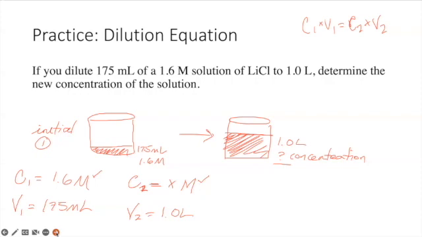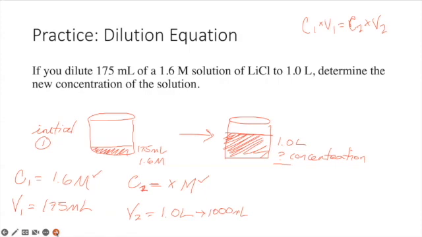I want my volumes to be in the same unit, and right now they happen to not be. So it doesn't matter if I change the 175 to liters and make them both liters. It doesn't matter if I change the 1 liter to milliliters and make them both milliliters, as long as they're the same unit. And so I'm going to go ahead and make V2 1,000 milliliters, just because for me the math is easier, but it doesn't matter.